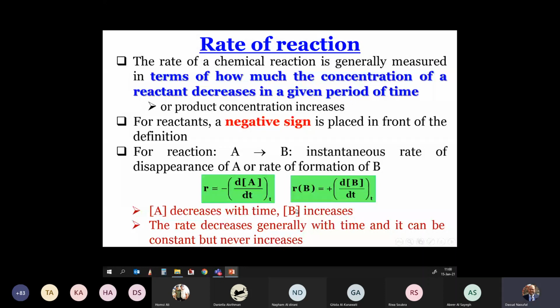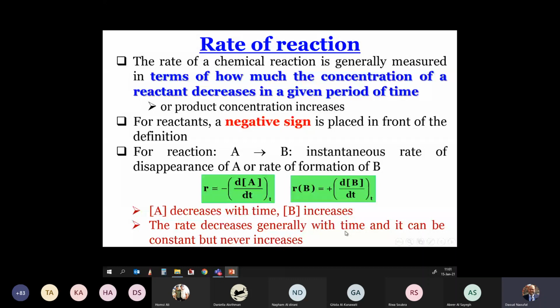And since the concentration is a kinetic factor, the rate of the reaction, the rate of disappearance, will decrease with time due to the decrease of the reactants per time. So pay attention to this point: the rate in general decreases with time.